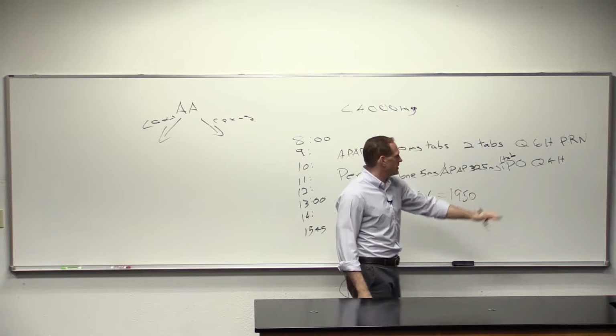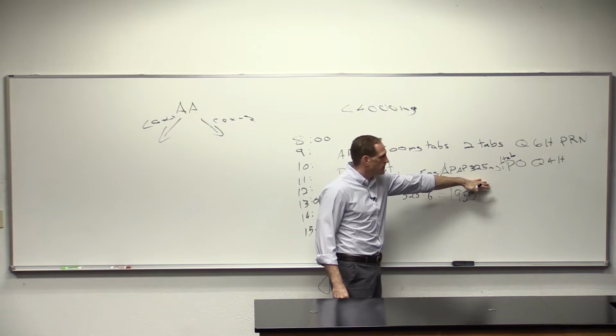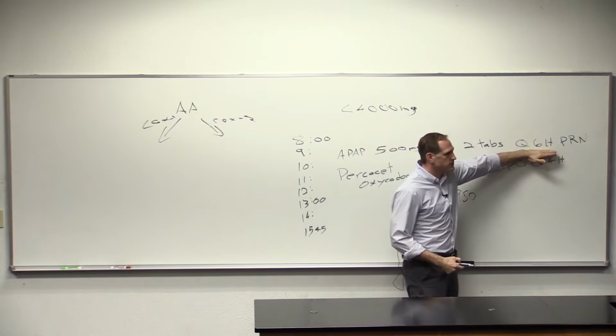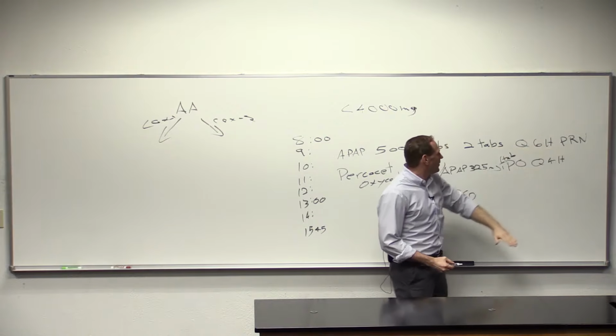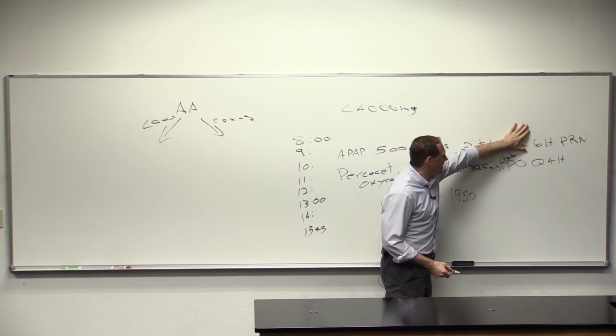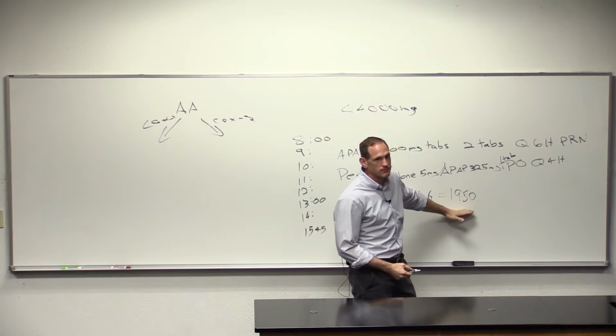So this is a safe order as far as the acetaminophen itself goes. But how much can they get max for this one? 4,000, right. So you can't give the max of this and this at the same time, because that would make the patient go to 5950 and that's too high.